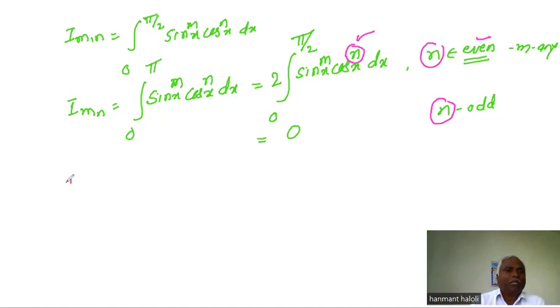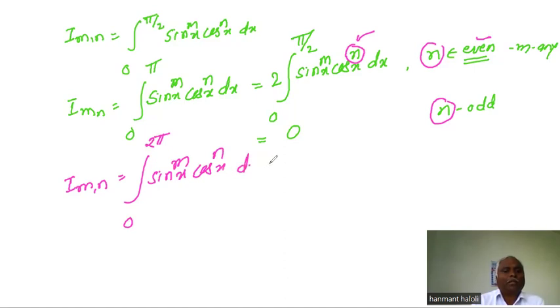Now we'll go for multiple limits. I equals the integral with limits from 0 to 2 pi, of sin^m x cos^n x dx, and now it becomes 4 times the integral from 0 to pi by 2 of sin^m x cos^n x dx.